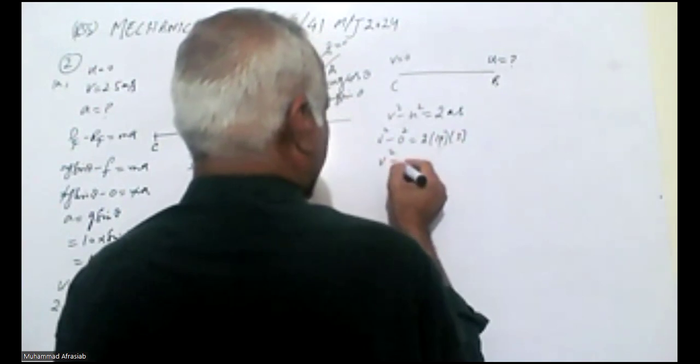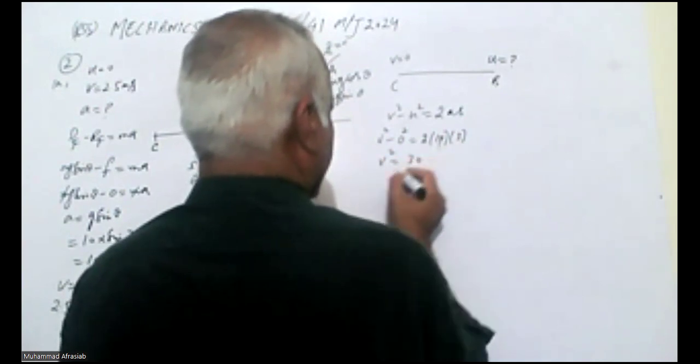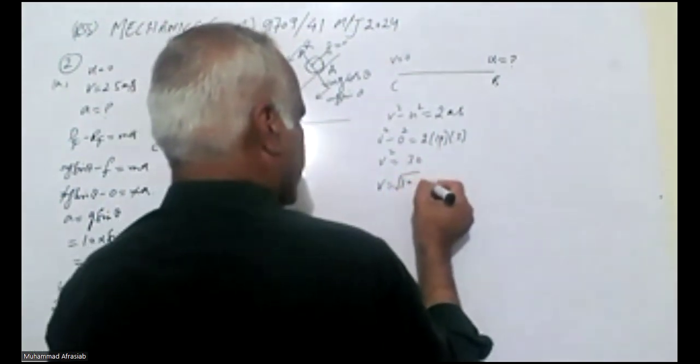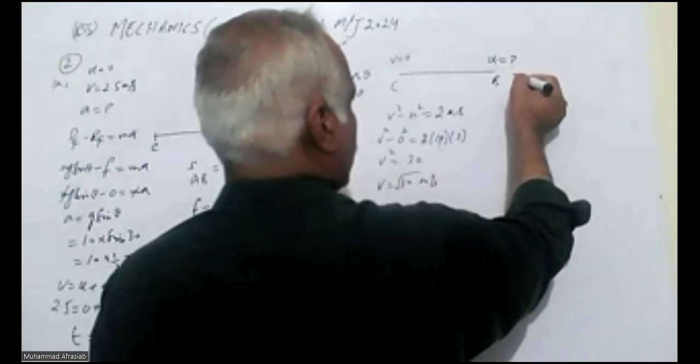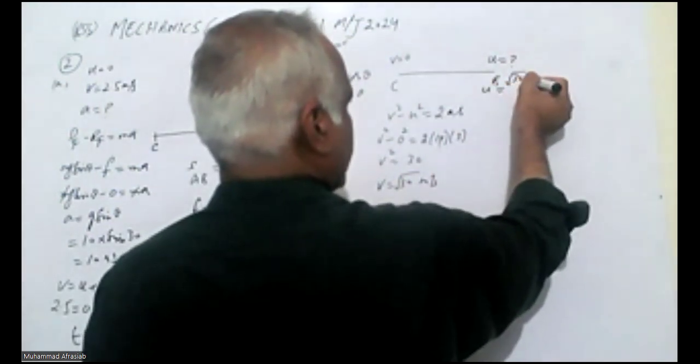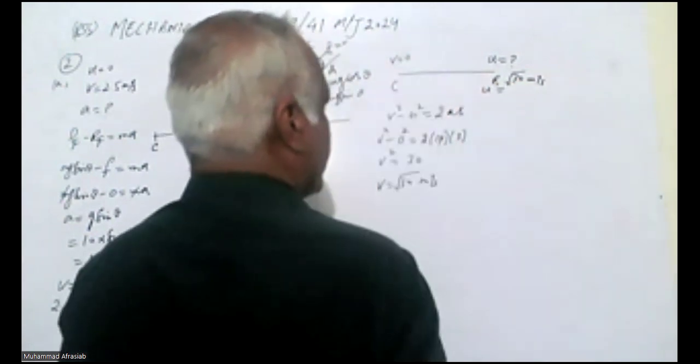So v squared is equal to 30, so v is equal to square root of 30 meters per second. So at this point it is root 30 meters per second, and finally it is 0 there.